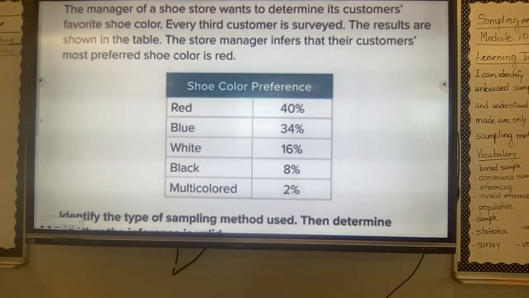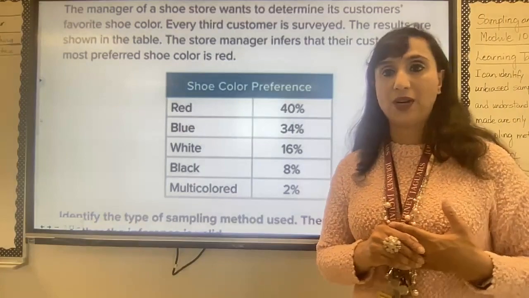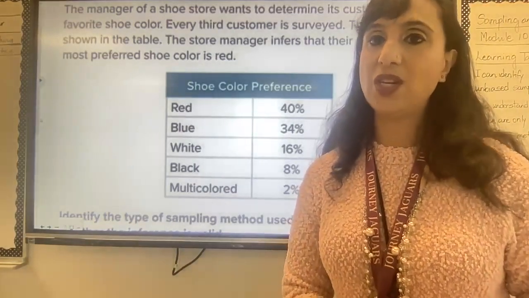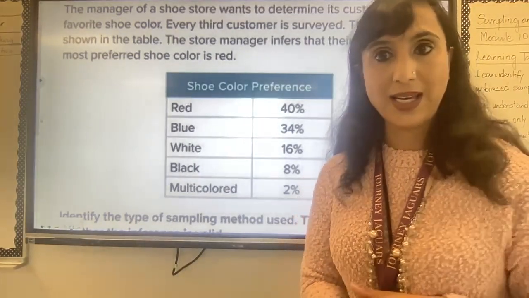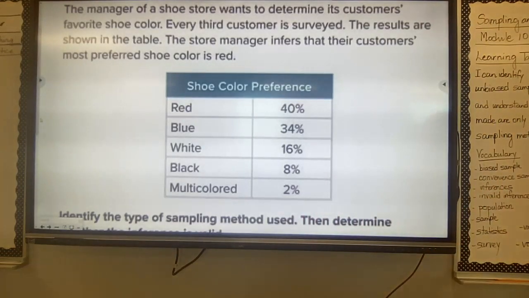And is it a valid inference? Because the store is using an unbiased sampling method, they can make inferences based on the sample. And the inference made by the store manager is a valid inference because it is representative of the population, considering that it is an unbiased sample that is being collected.